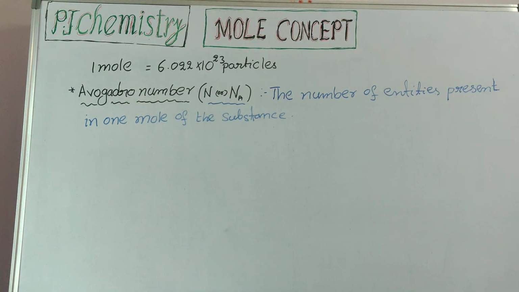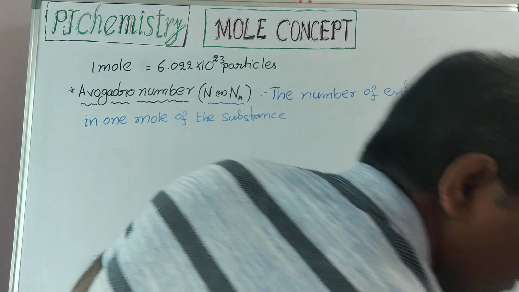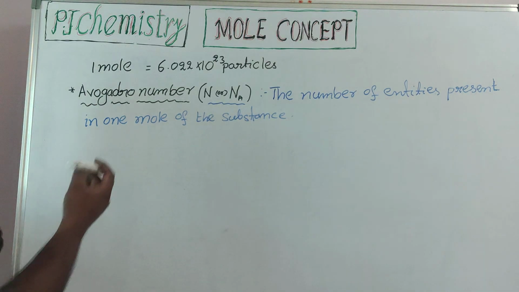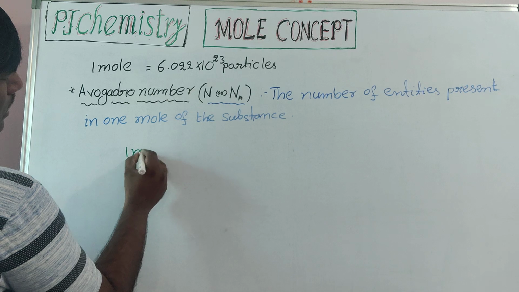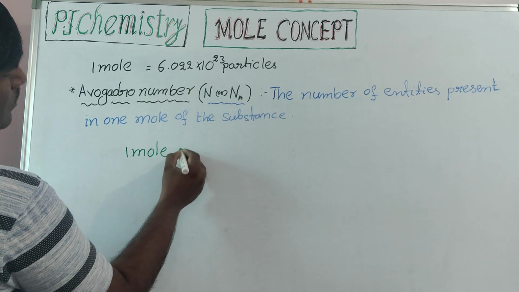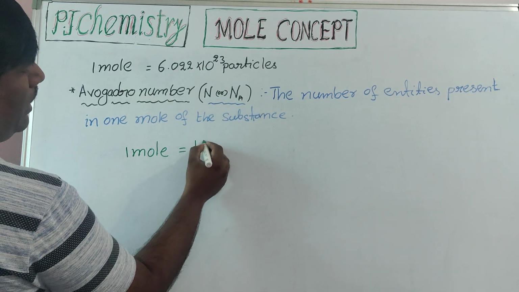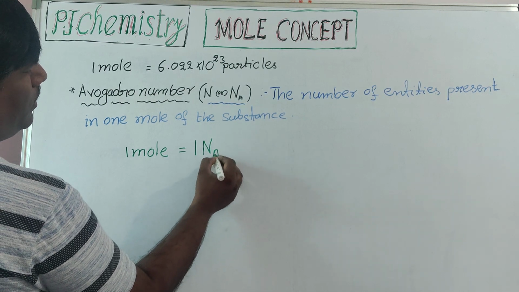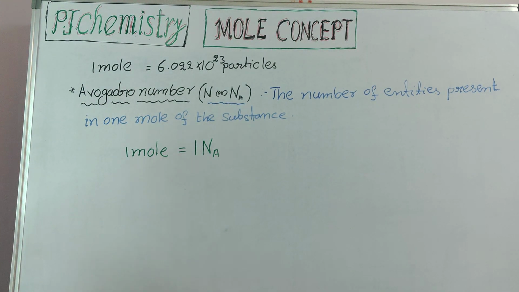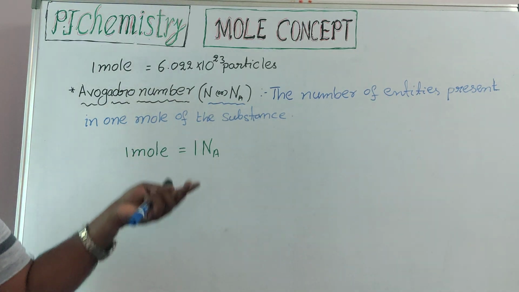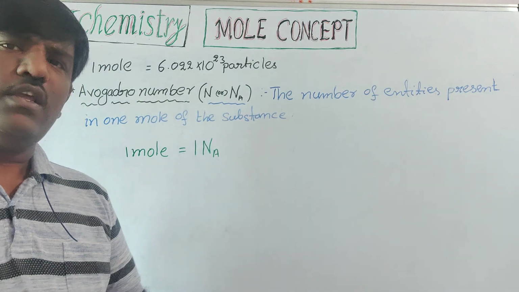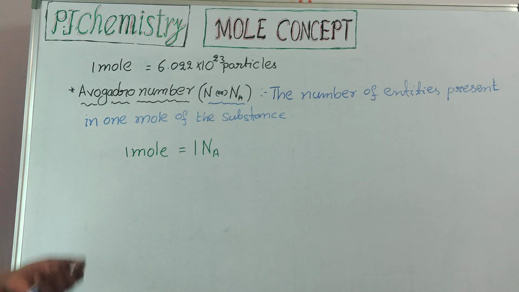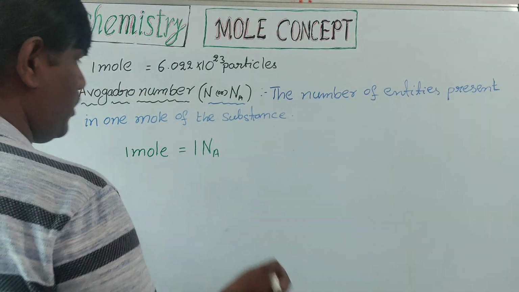Now, as per this, can we say one mole is equal to one Avogadro number? Yes, one mole is equal to one Avogadro number, because the number of particles present in one mole of the substance is the same as in Avogadro number.